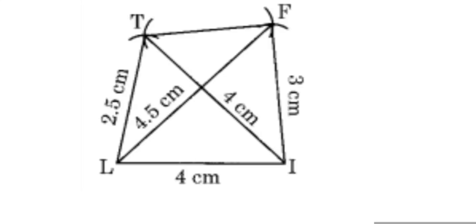Now let's see the steps. So first draw a line segment LI equal to 4 centimeter. Now taking radius 4.5 centimeter, draw an arc taking L as center. Next, draw an arc of 3 centimeter taking I as center which intersects the first arc at F. Now join FI and FL.